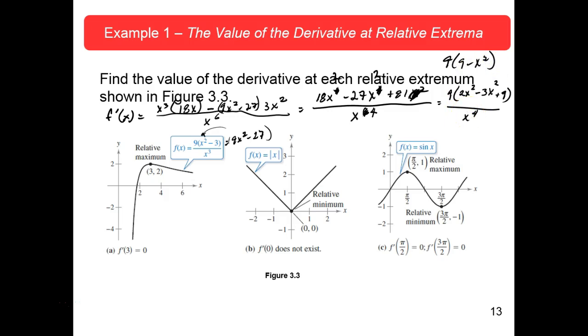Now, find the value of the derivative at each of the extreme values shown. They told you 3, 2 is your extreme value. So we want the derivative, what we have just found, when x equals 3. So what does that give you when x equals 3?